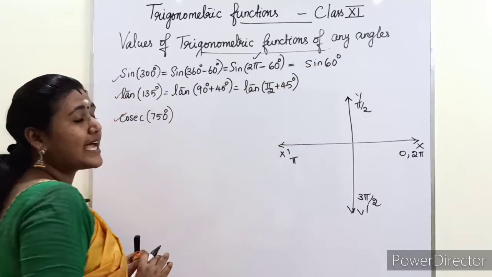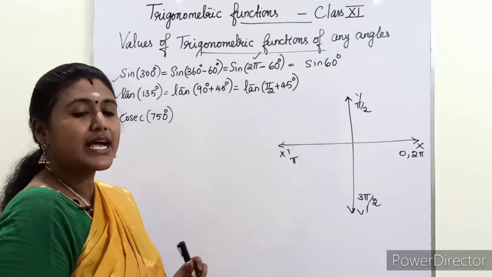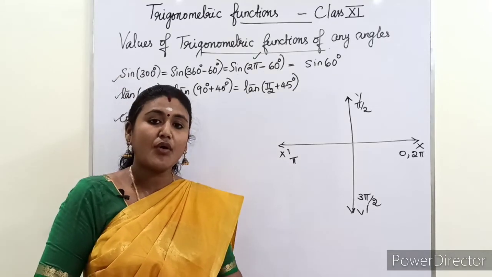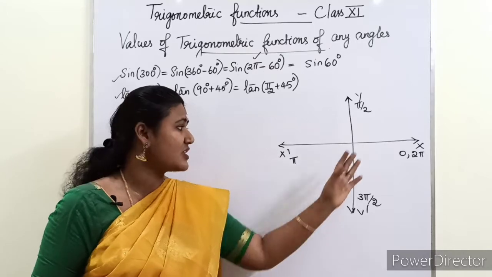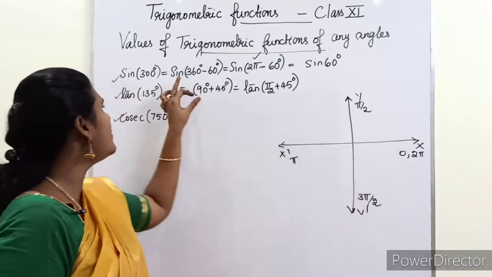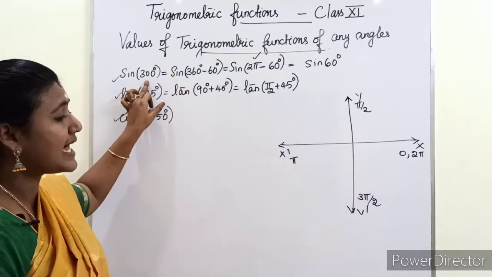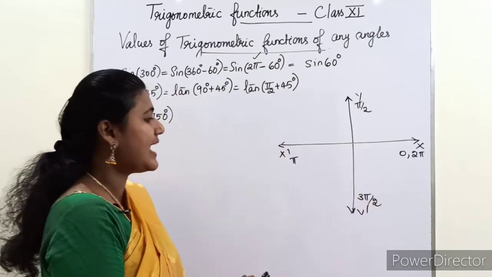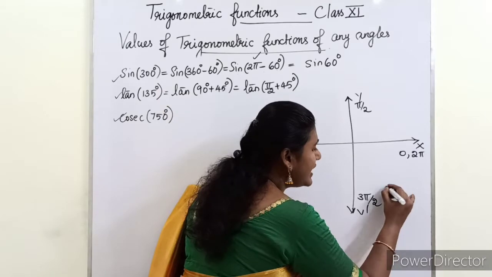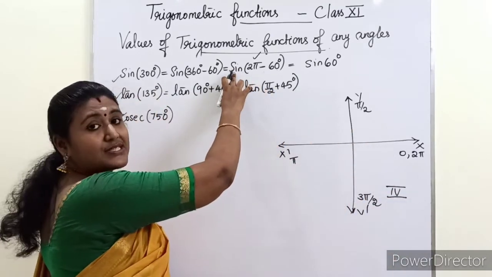And now the sign of this function. So the sign of the trigonometric function depends on the quadrant. We have already discussed the signs of trigonometric functions in the 4 quadrants. So you see here, 300 lies in which quadrant? Up to 270, and then 300 lies in the 4th quadrant. In the 4th quadrant, you have to check whether sine is positive or not.